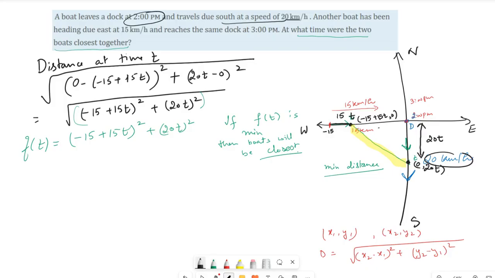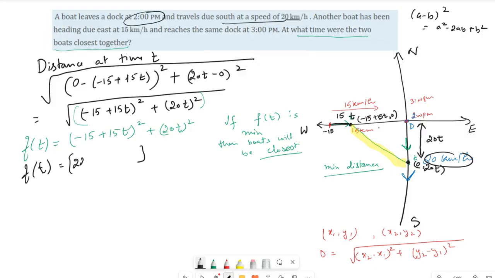How do we figure out when this is minimum? Before I even get there, can we simplify the function? We need to open the square of this using the (a minus b) whole square formula, which is a square minus 2ab plus b square.